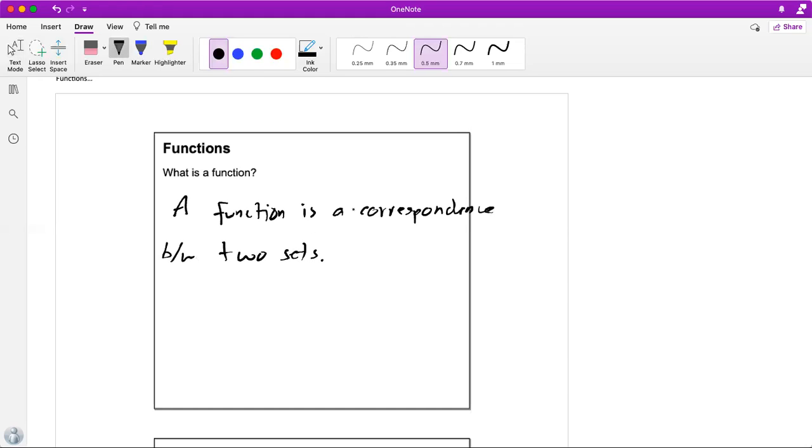That's basically all it is. It's a specific kind of correspondence. And in technical math terms, we call a function that specifically, it's like a mapping. I don't want you guys to worry about that word. But basically there are two sets, the domain and range.